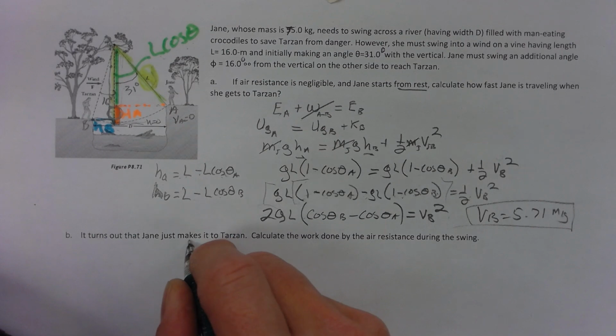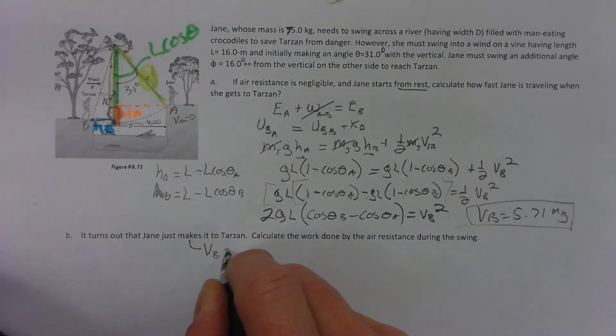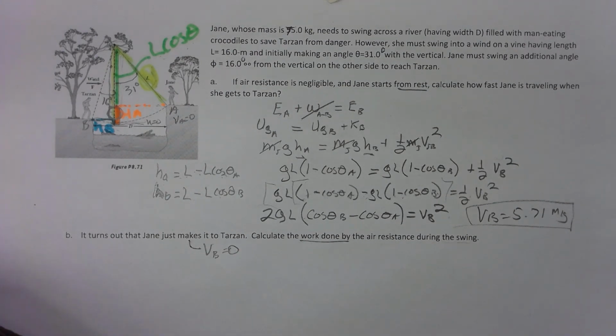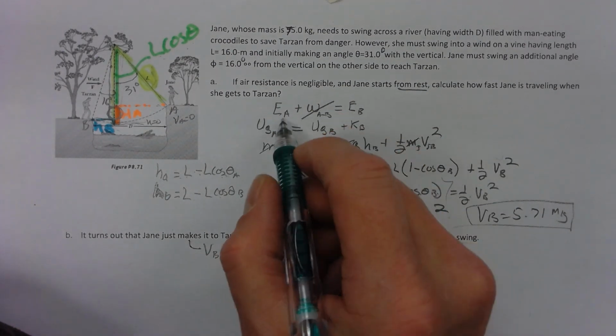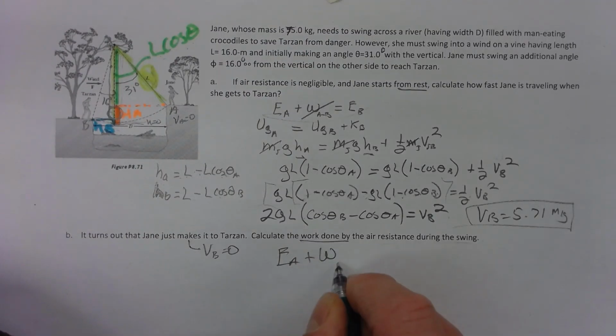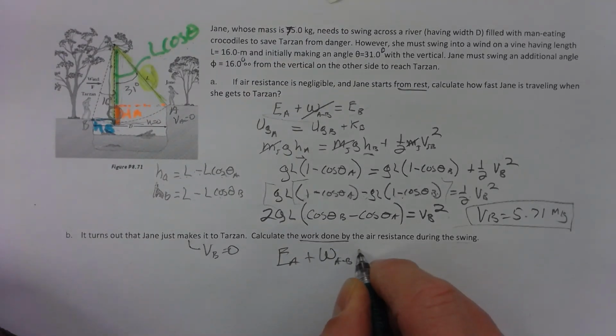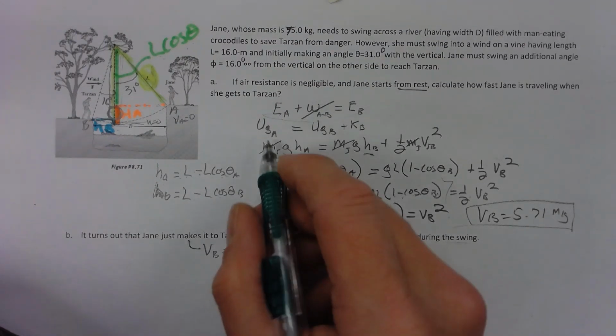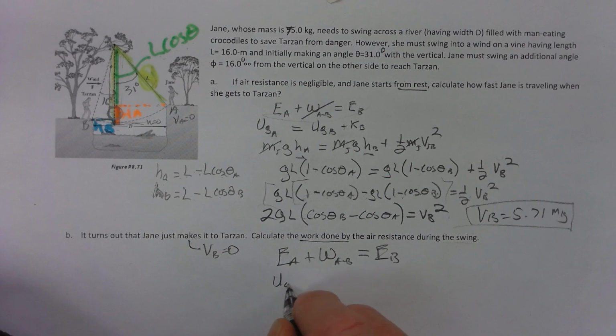Now, part B, it turns out Jane just makes it to Tarzan. What does that mean? That means the velocity at B is now 0. Calculate the work done by air resistance during the swing. Well, the energy at A plus the work between A and B, which is due to air resistance, is the energy at B. Now, though, we've got that potential of gravity at A, because it's up high.